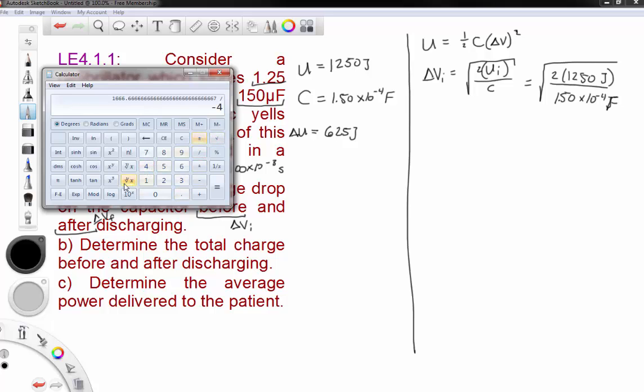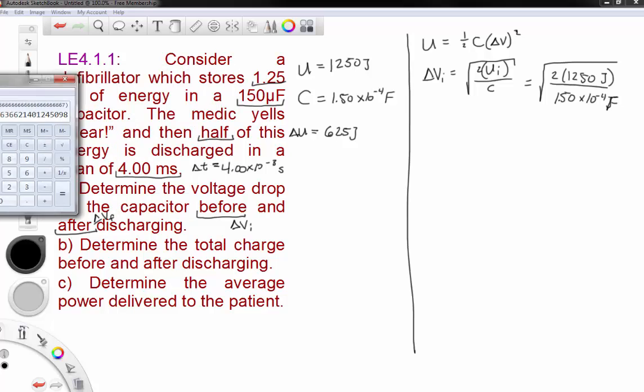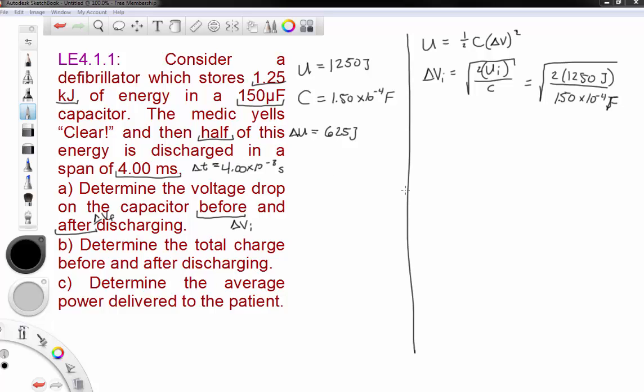We put it in like this and take a square root, and you get 4,082. So since we have three significant figures to work with here, delta V initial is approximately 4,080 volts.